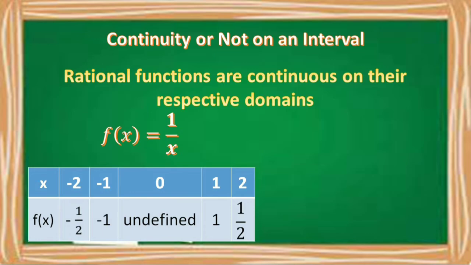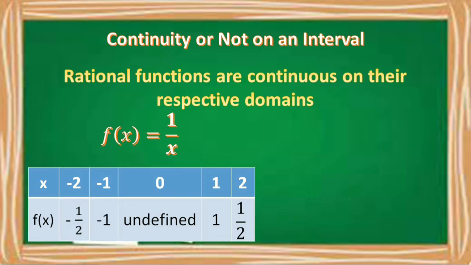If x is negative 1, then f of x is negative 1 because 1 divided by negative 1 equals negative 1. If x is 0, then f of x is undefined because we have a denominator of 0.